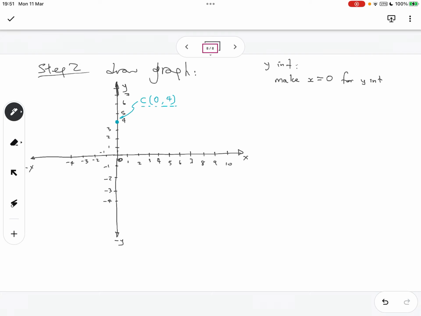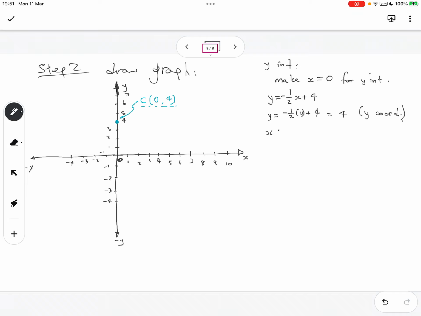Now when we make x equal 0, then y equals half x plus 4 becomes y equals a half times 0 plus 4. And a half times 0 is 0, and that just gives us 4. This just gives us the y coordinate.